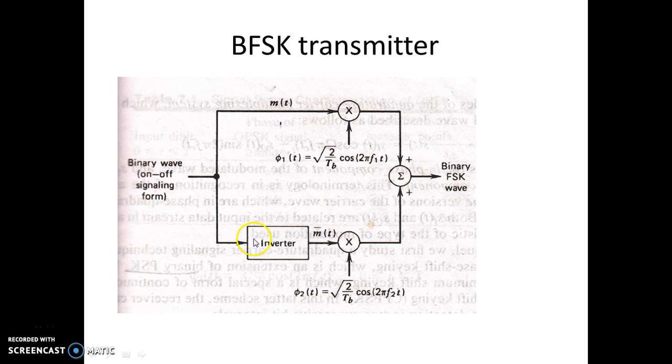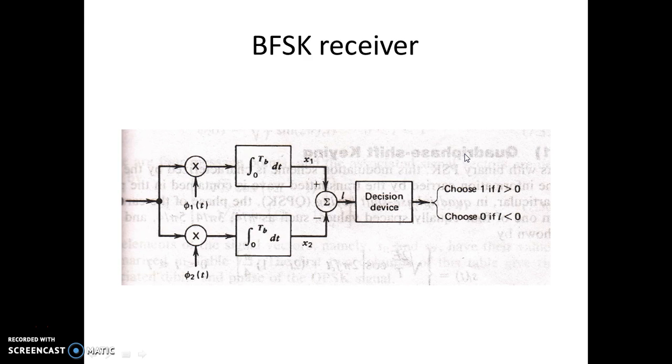The same one goes here, gets inverted, becomes 0, and the output of this multiplier is 0. Similarly, if a binary 0 comes, it is 0 volt, and multiplied with this multiplier the output is 0. While the 0 gets inverted here, you have 1, and the output frequency of this multiplier is f2. So if the input is a binary 1, the output is frequency f1. If the input is 0, you have frequency f2.